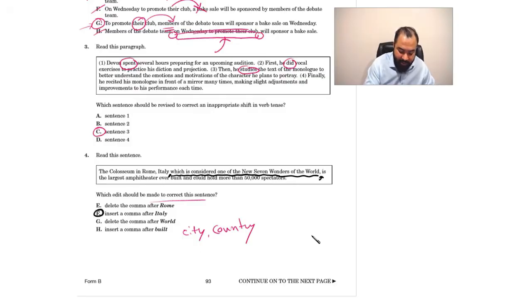So we need a comma after Italy to turn this part into a non-restrictive clause. Remember, non-restrictive clause means you don't need it, so you can remove it and it'll still make sense. The Colosseum in Rome is the largest amphitheater ever built and could hold more than 50,000 spectators. So that's the main deal, but this extra piece of info needs a comma here. So we need a comma right before the word which.